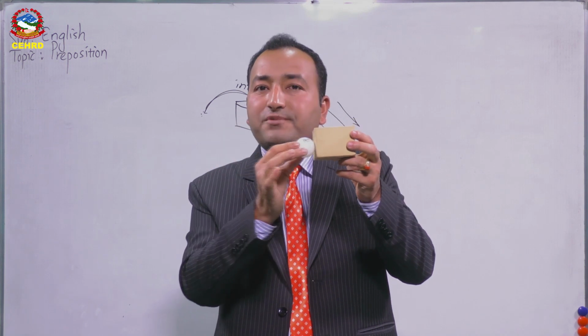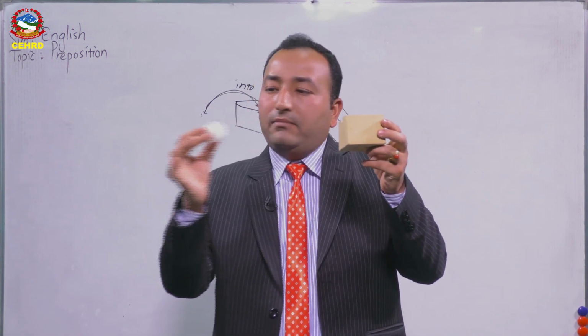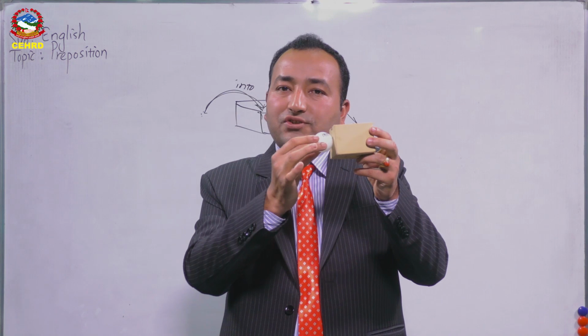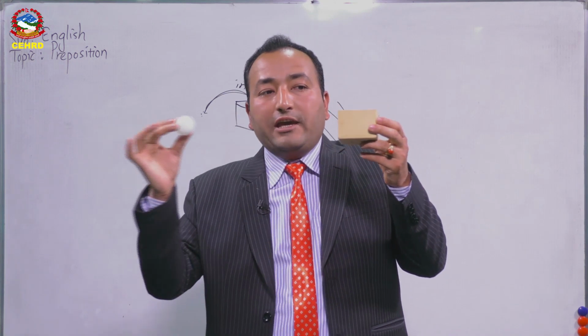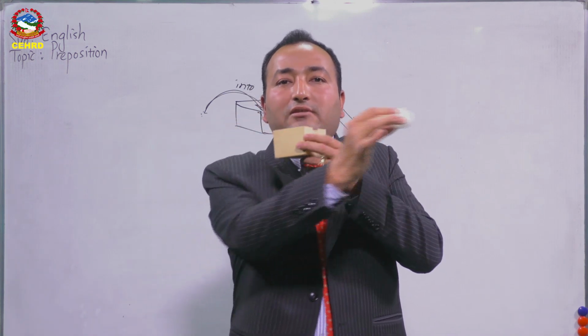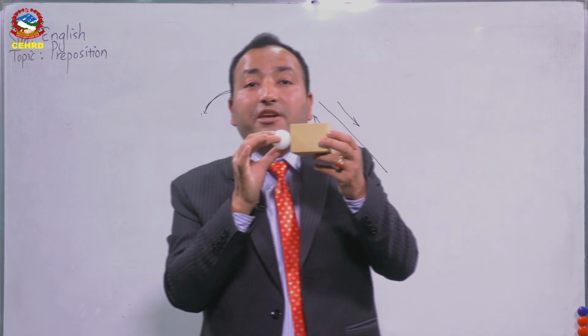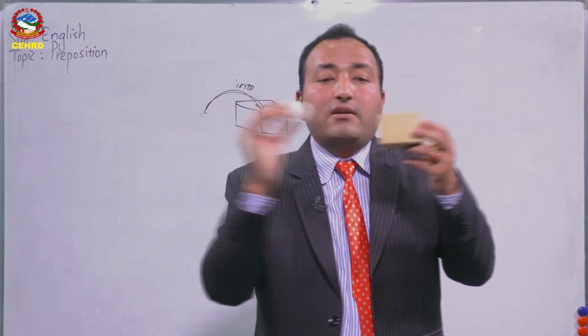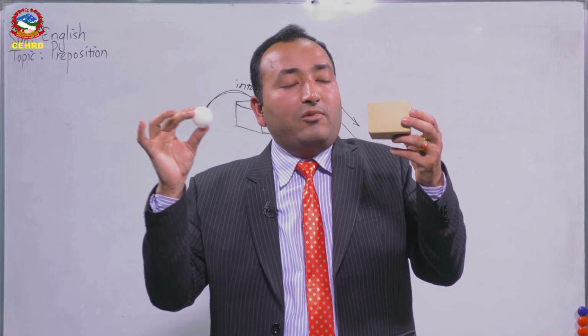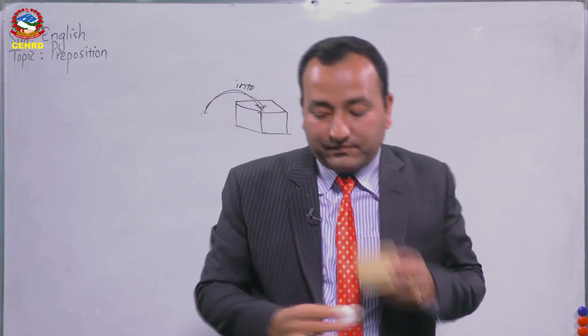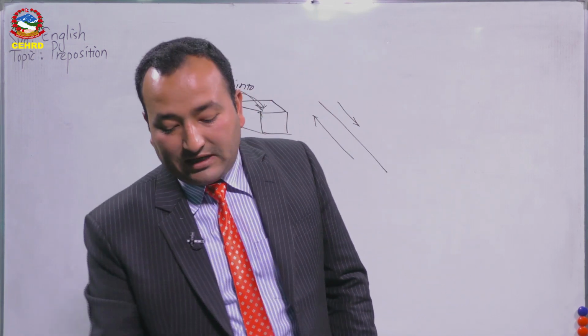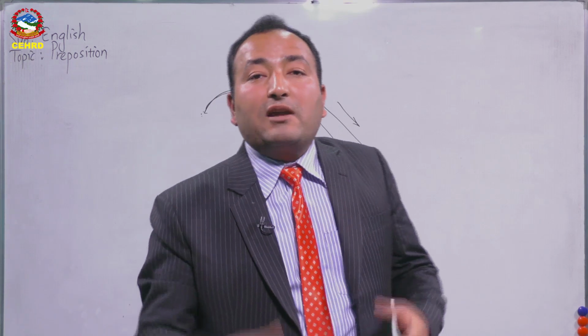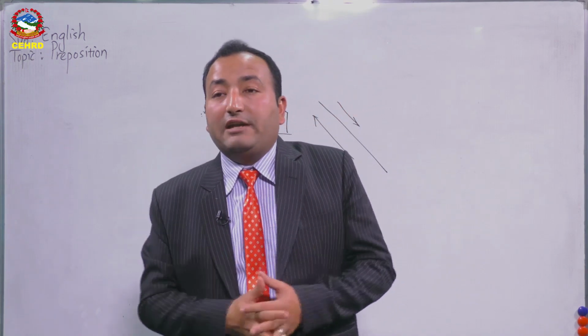This time we use "up to". The ball came up to the box, right? The ball came and went past the box. It did not stop here. It just went away. So we use "the ball went past the box". This is how we use past. Some people are walking past the building like that.